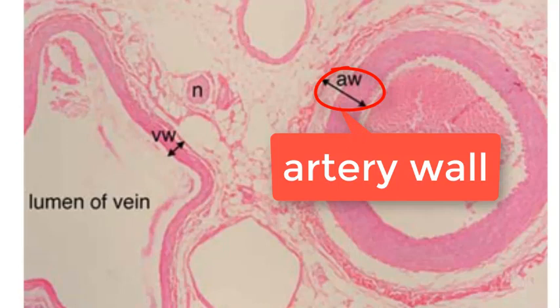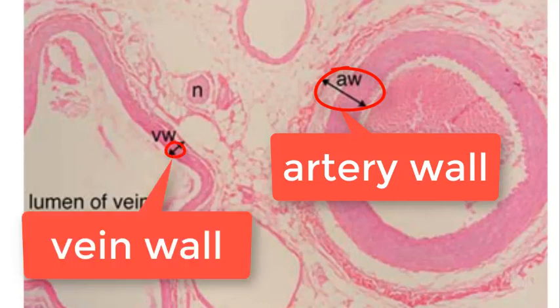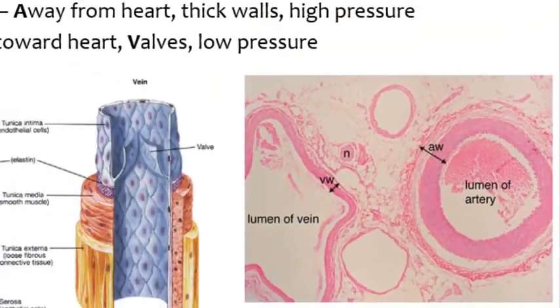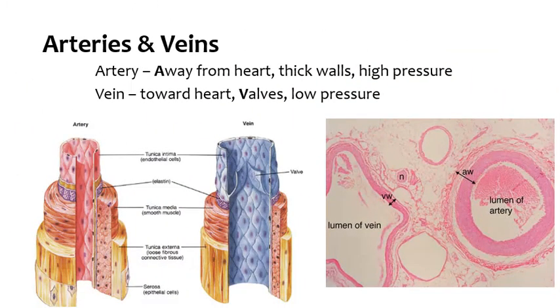Look at this actual cross-section showing the difference in the walls of an artery and a vein. Veins return to the heart from the destination, so the pressure is very low. Since the pressure is low, the blood is more affected by gravity.